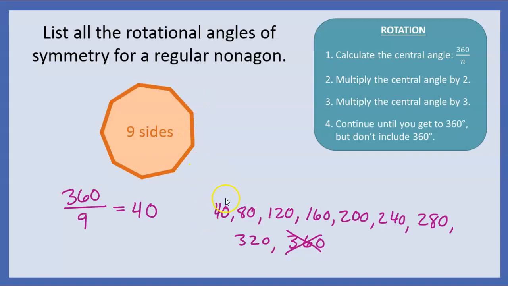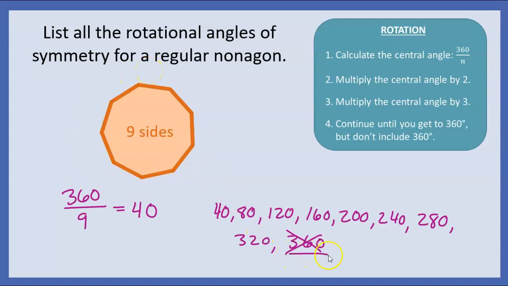Notice there are 9 of these as well. 1, 2, 3, 4, 5, 6, 7, 8, 9. That makes sense because we're basically just moving each vertex to the next one, right? This one to this one is 1, then 2, then 3, then 4, all the way around until it gets back to itself, so that we would count 9 of those vertices, because there are 9 vertices total.